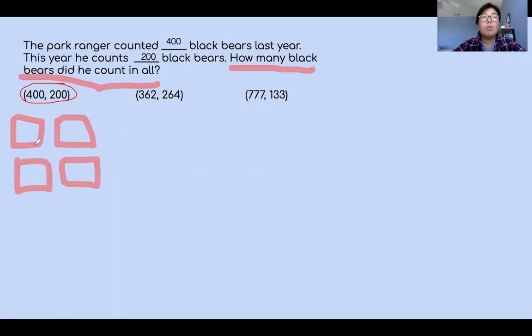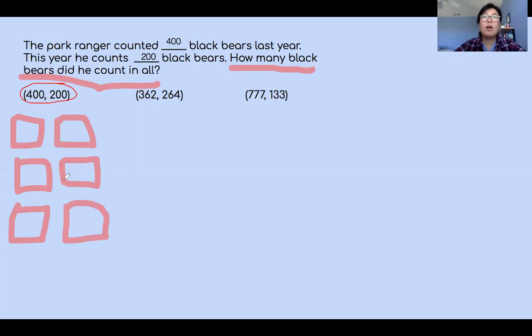So the park ranger counted 400 black bears last year, so this is 400, right? But then this year he counts another 200 black bears. So he counted even more black bears. So I would do another 200 blocks. So I would do 100, and 200.